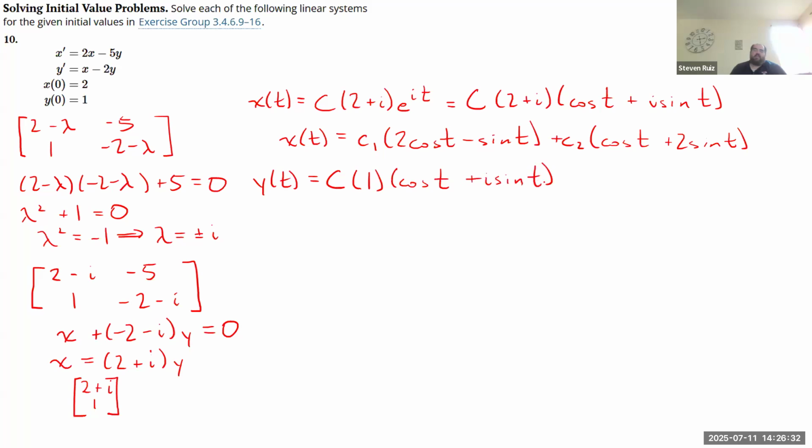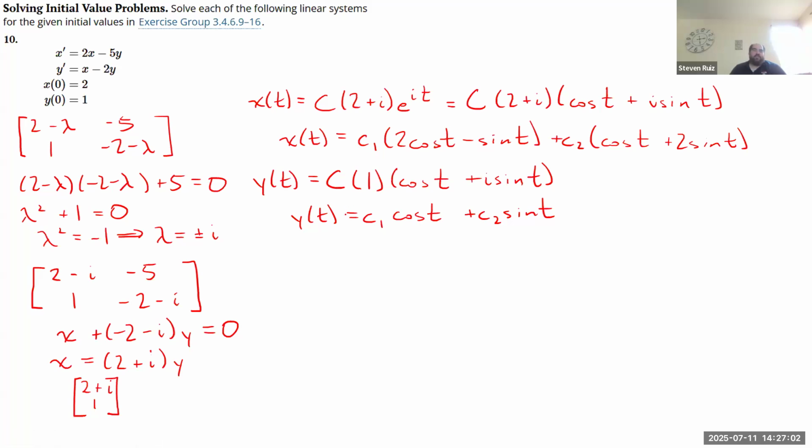Plucking out the real part and the imaginary part will be simpler here because my eigenvector only has one term in it. So y of t equals c1 times the real part, cosine t, plus c2 times the imaginary part, which is sine t. All right, so I have my general solution for x of t and y of t.